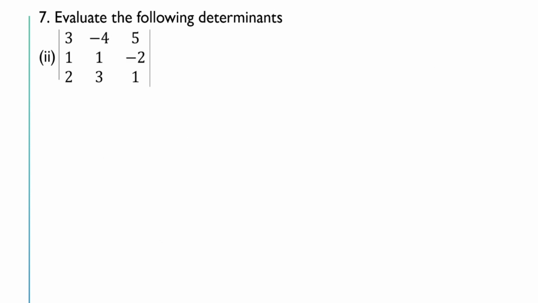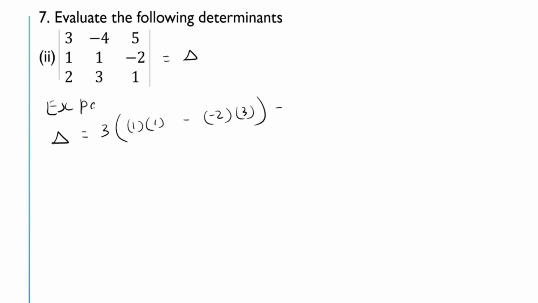The next one: [3, minus 4, 5; 1, 1, minus 2; 2, 3, 1]. So let this be equal to delta. Then this is equal to 3 into 1 into 1 minus minus 2 into 3, expanding along R1, minus minus 4 into, we have to remove the first row and the second column.